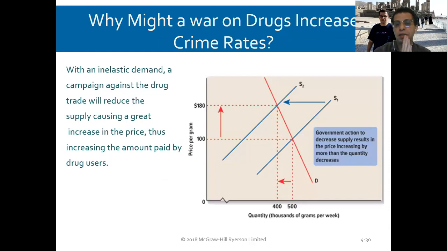So why might a war on drugs increase the crime rates? What has this got to do with that?